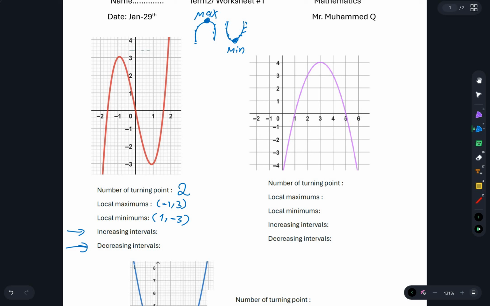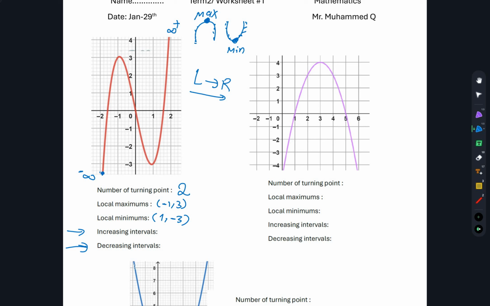Okay, our graphs usually start from negative infinity and end with positive infinity. Always, students, the graphs we have in our book start with negative infinity and end with positive infinity. This graph goes from left to right, from negative to positive infinity.